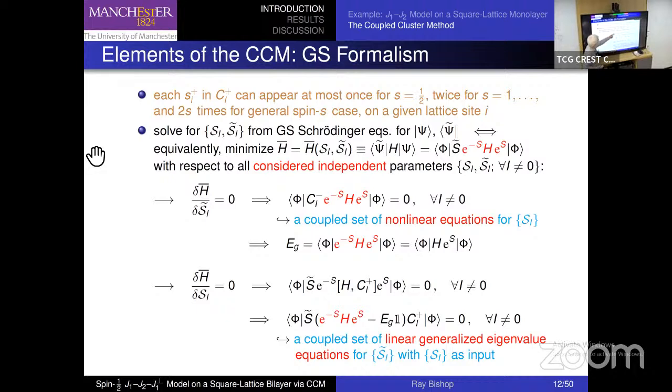For these guys, it's just because S tilde doesn't appear here. This is a coupled set of nonlinear equations for the S coefficients, for the creation coefficients. And this guy, because S tilde only appears linearly, is a coupled set of linear equations once the S's are known. So you solve for the S coefficients here, you plug them in here, and you solve for the S tildes.